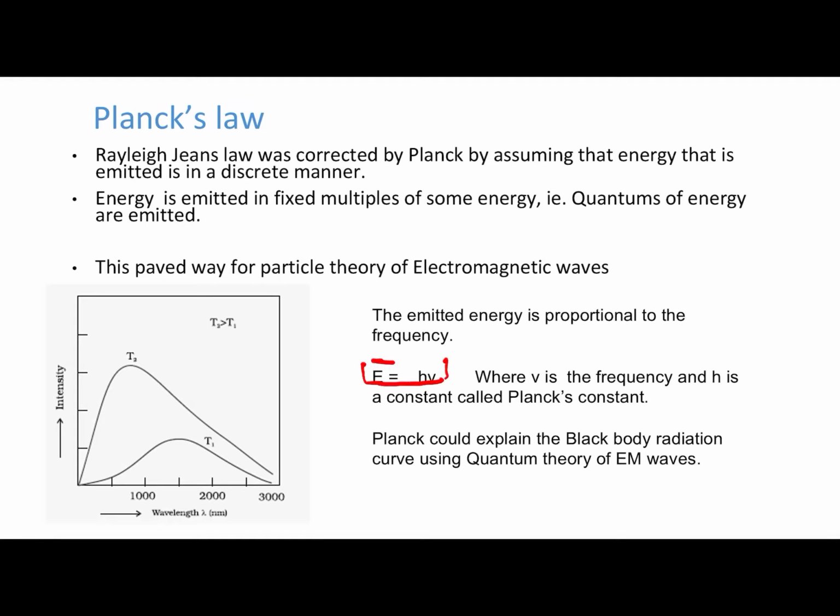E is equal to h nu, where h is Planck's constant and nu is the frequency. Planck could explain black body radiation using the quantum theory of electromagnetic waves.